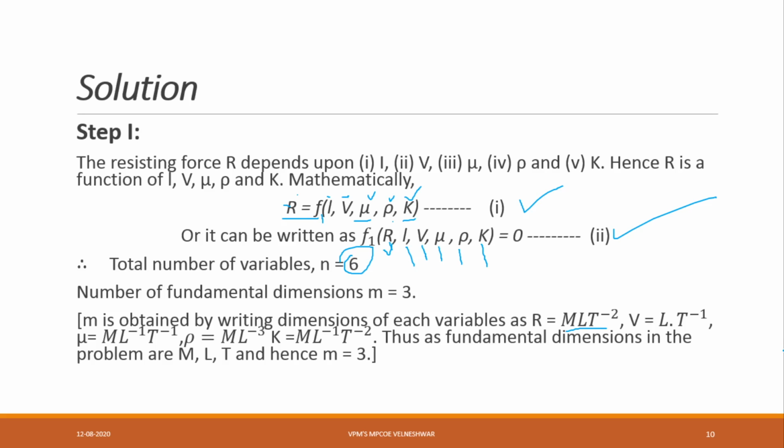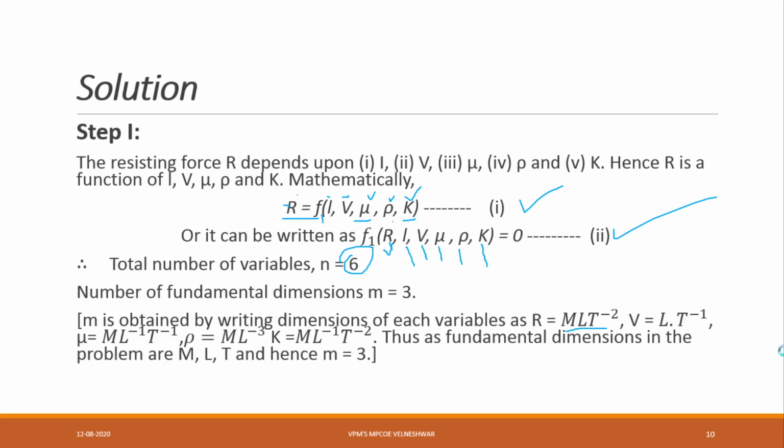ML power minus 1 T power minus 1, and K is ML power minus 1 T power minus 1. If you compare it to the length, length is having L, that is repeating in all. Next one we are considering, velocity: velocity is having length and time, always repeating. Next one, density, M into L power minus 3, in all properties it is having repeating variables.